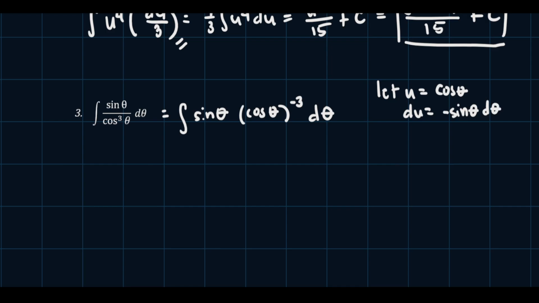Now, similar dun sa previous example, we can actually solve for d theta. So, d theta will be equal to du over negative sine theta.